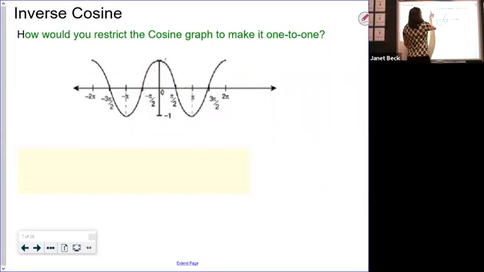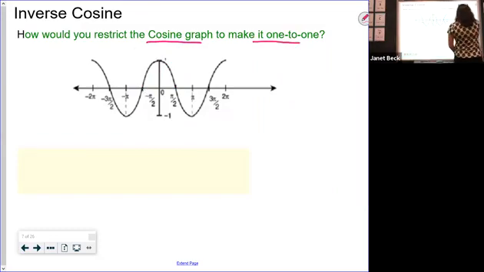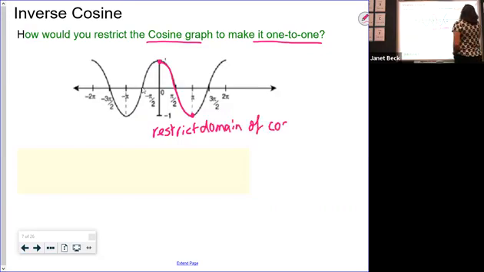On a cosine graph, to make it be 1-to-1, we're going to start at 0 and that will go all the way from the top to the bottom. That works for us. We're going to restrict the domain of cos of theta for angles between 0 and pi.